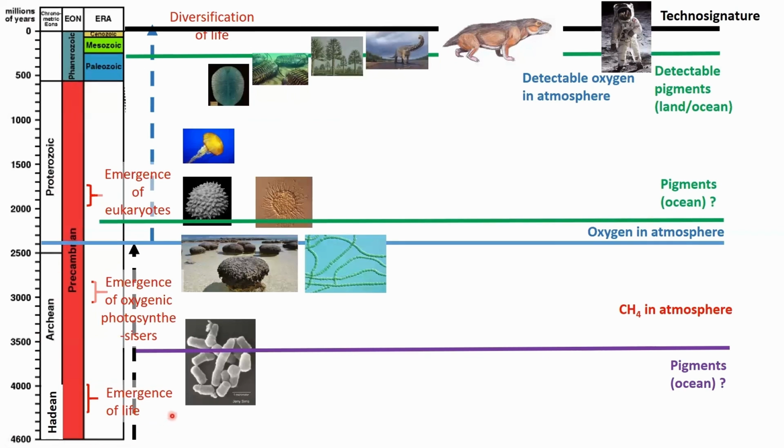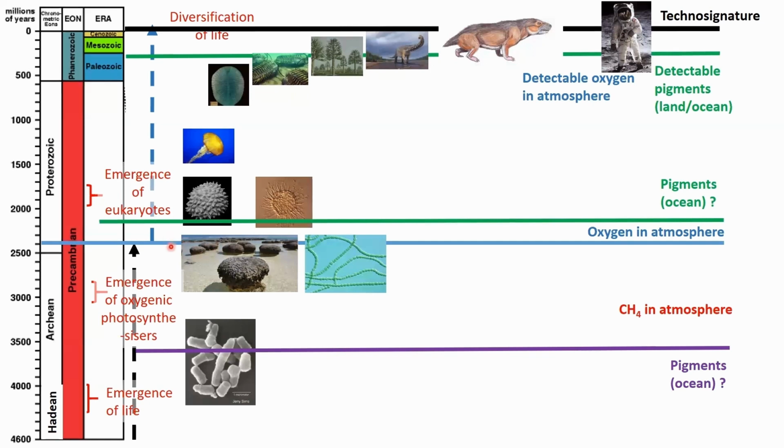And the key factors in the evolution of life over this period of time: the emergence of life, we don't know when, but sometime in the Hadean, the development of early life, and of great importance, the emergence of organisms able to split water, oxygenic photosynthesizers, that led to the rise of oxygen in the environment, slowly in the atmosphere and in the upper layers of the water.